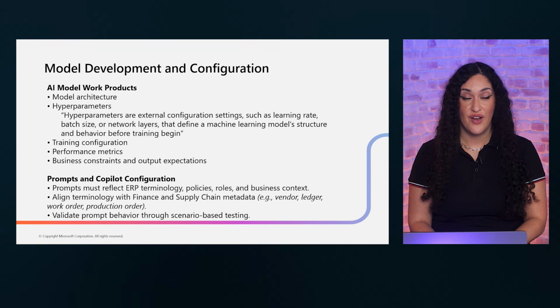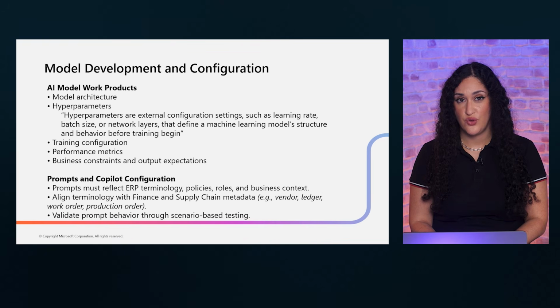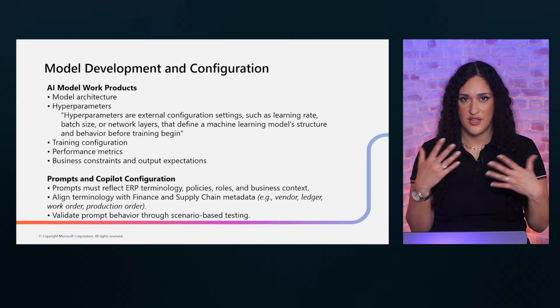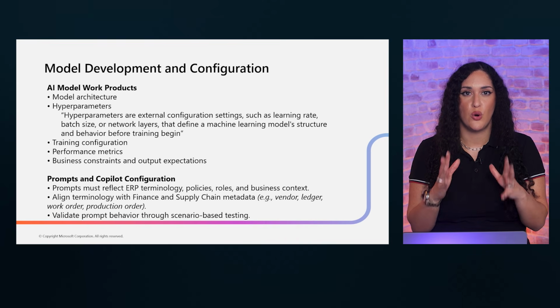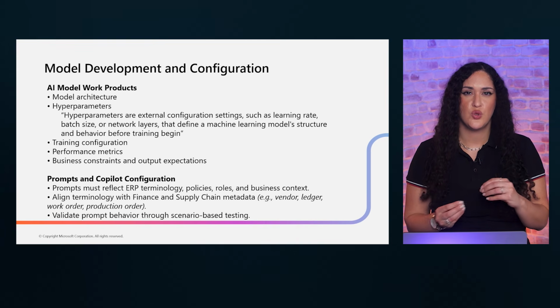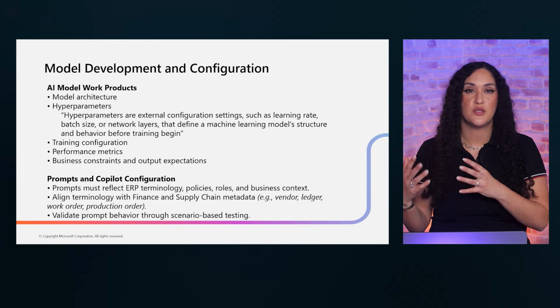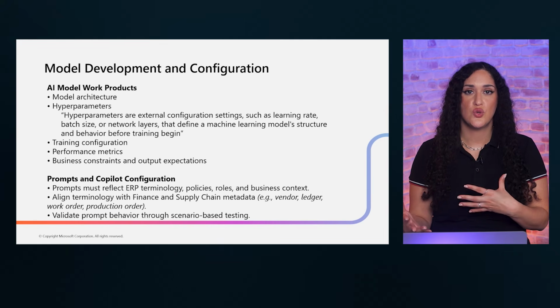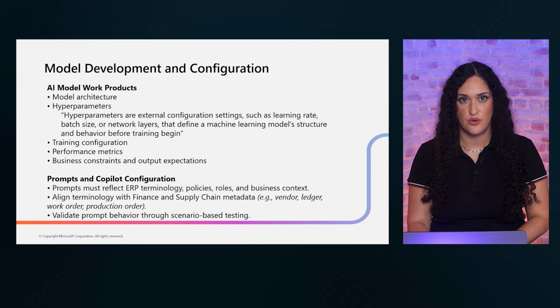Align terminology with finance and supply chain metadata, such as vendor, ledger, work order, and production order. Ensure you validate prompt behavior through scenario-based testing. Domain-specific language matters enormously here. A prompt that uses generic terms instead of ERP-specific terminology will confuse users and produce unreliable outputs.